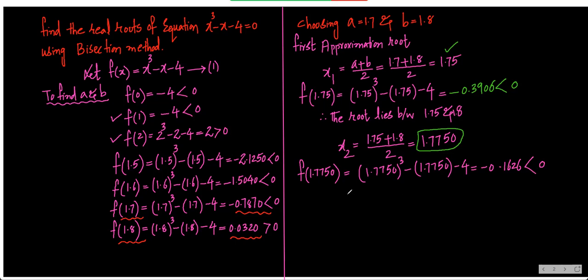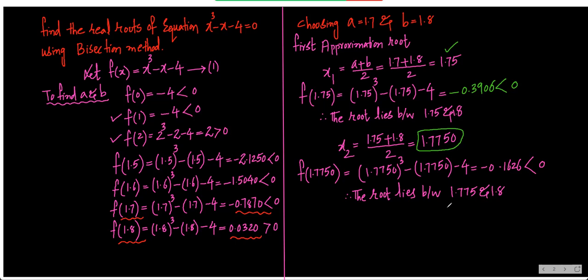Less than 0 means replaced by first value. So what do you write? Therefore, the root lies between 1.775 and 1.8.